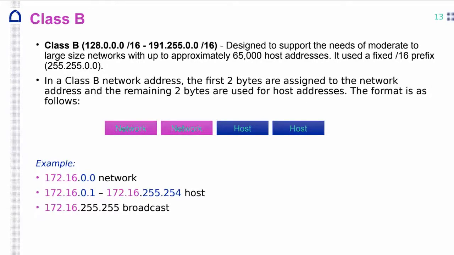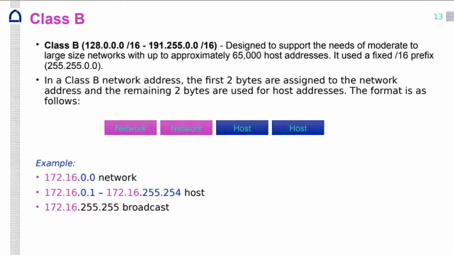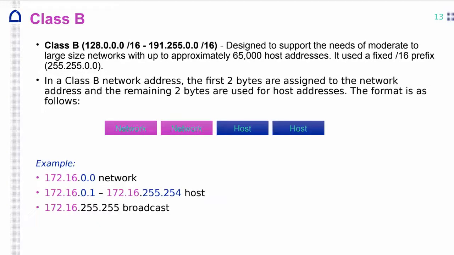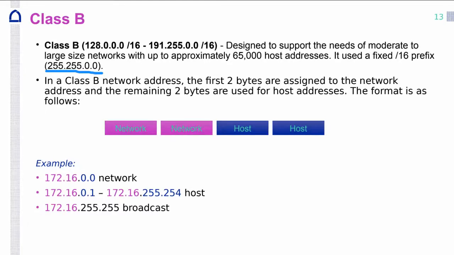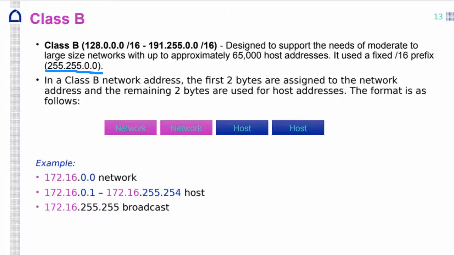The range of class B is from 128 to 191. And you see the prefix, it is /16 because the subnet mask is 255.255.0.0. Maybe this is new for you, but we will give you some examples, okay? We'll make it more clear.